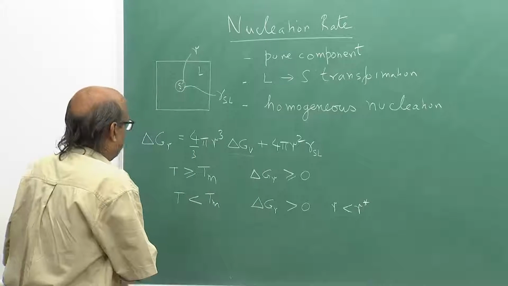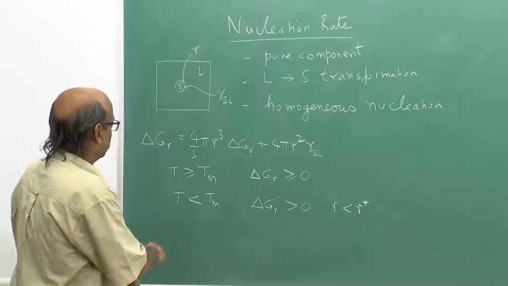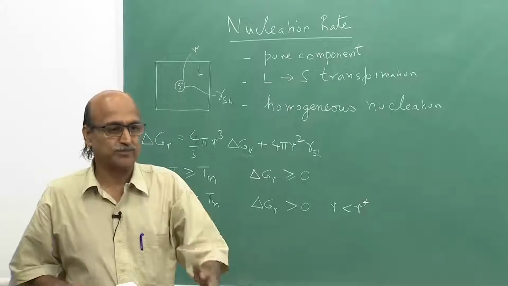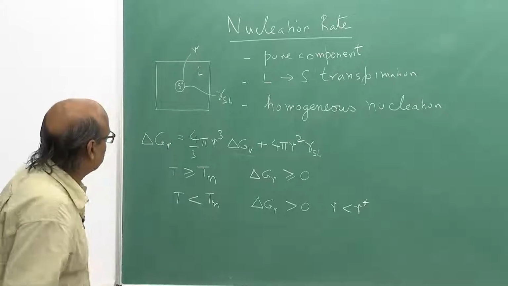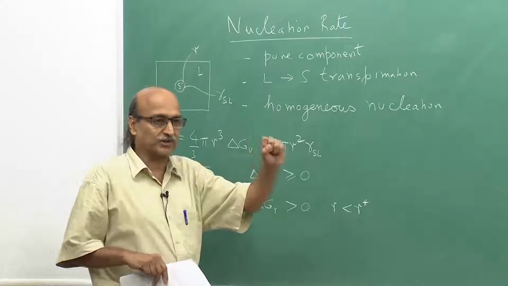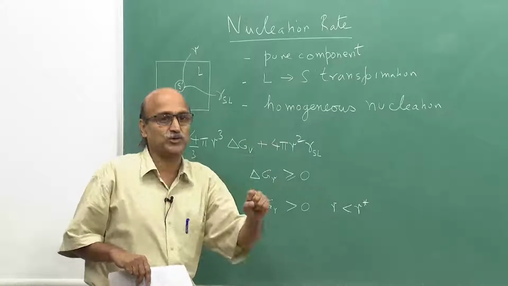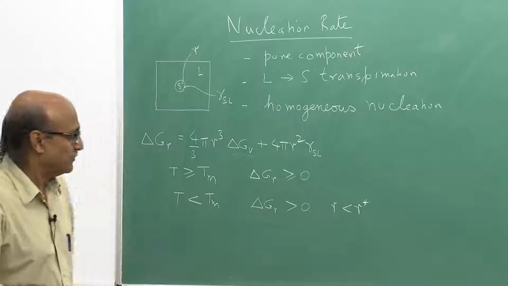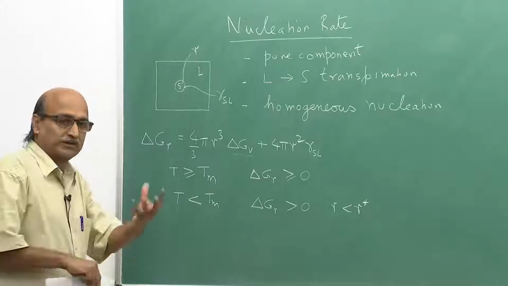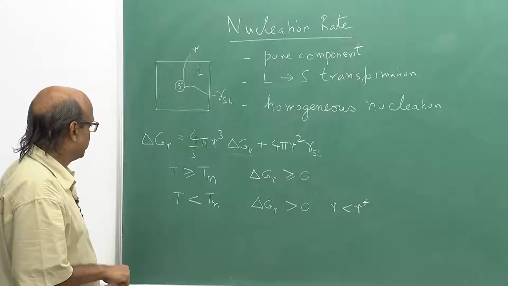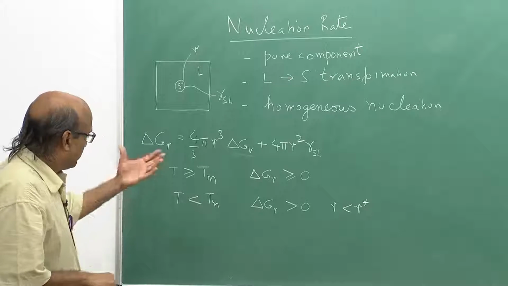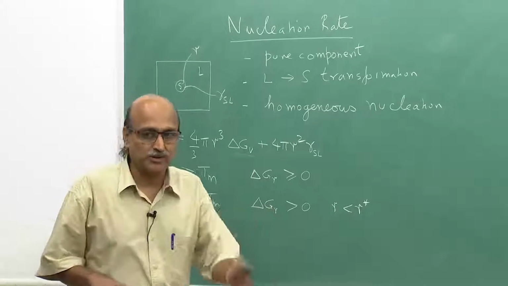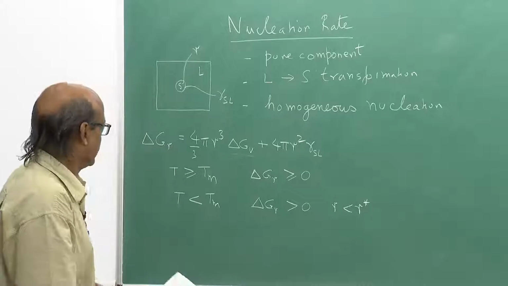So, in this kind of situation, what we are trying to say is that whenever there is a liquid at whatever temperature, there are always clusters of atoms or molecules coming together in a crystalline form, which is the crystal structure of the solid, but depending on the temperature, that nucleus could be stable or unstable.